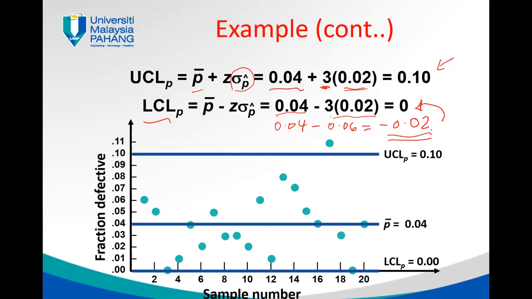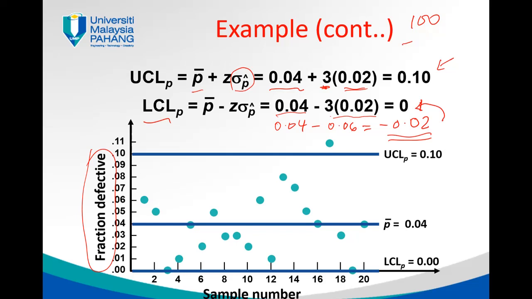This is because the type of data we use here is defect data, the fraction defective, and there is no such thing as a negative defect. For example, if we have 100 samples, there is no negative value for the defects.